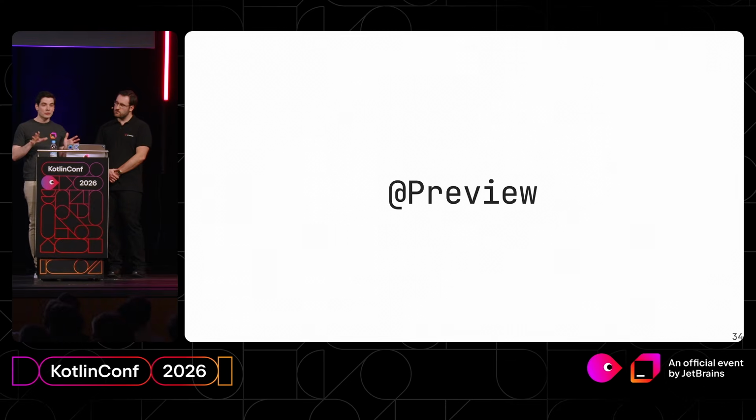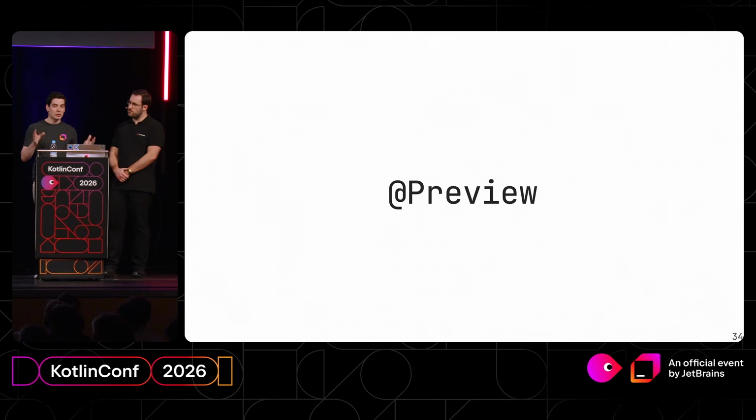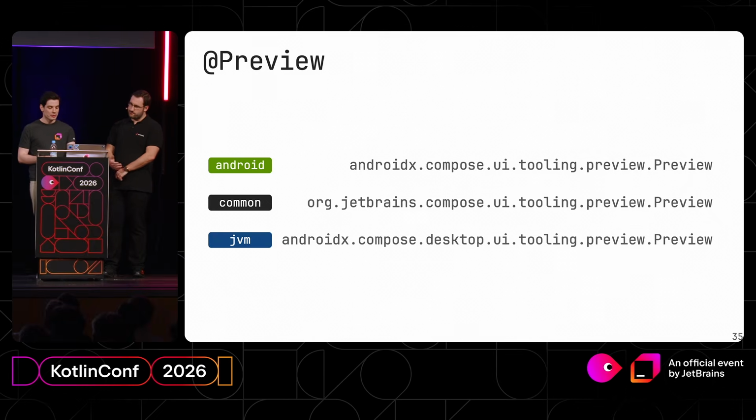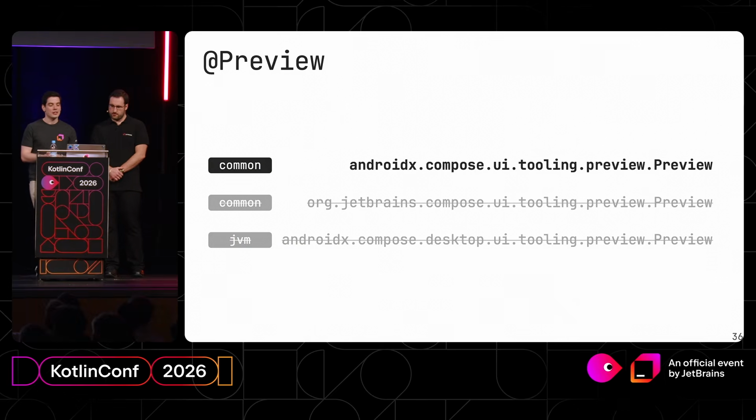Right. The other feature that is common to all platforms is going to be previews. So here, if you used previews before, you might have seen that we had several different preview annotations for different platforms and use cases that were available. The good news is that we have massively simplified this. So now the original AndroidX preview annotation is actually available in common code.